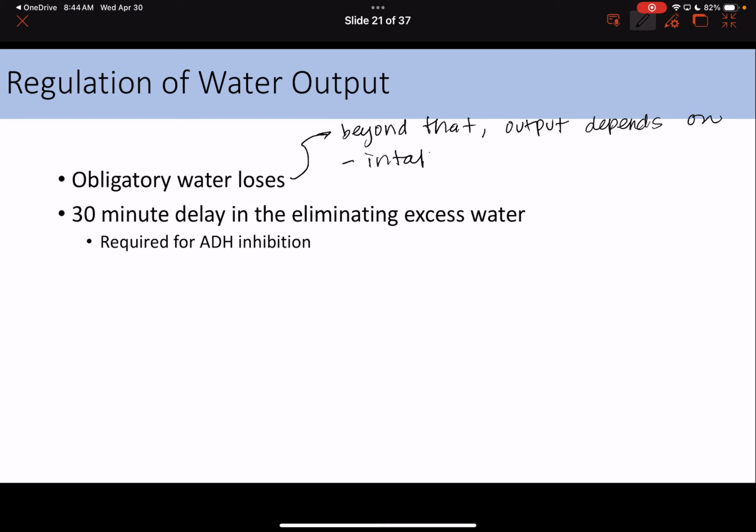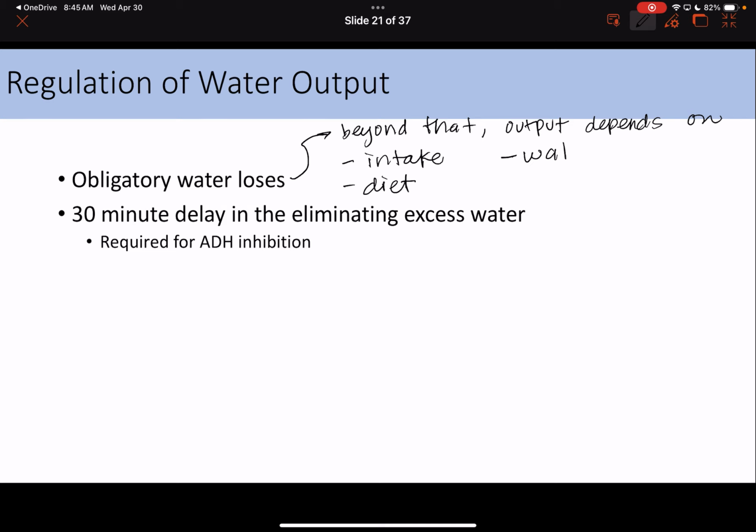So if you're bringing in more water than that 2,500 milliliters we just talked about, then you're going to be outputting more water. If your diet has more water content than the average person, then you're going to be outputting more water. If you have a diet that's high in vegetables, vegetables have a lot of water content, then you're going to be outputting more water.